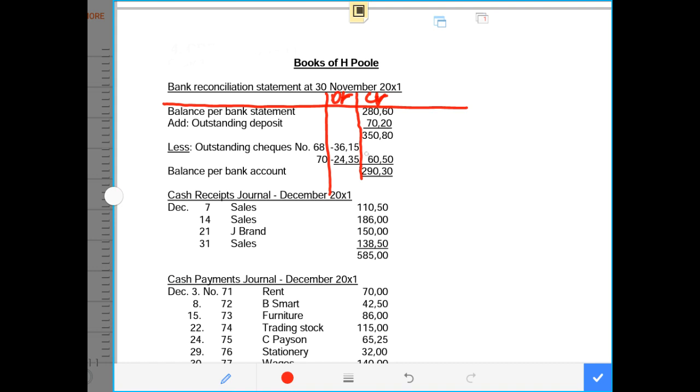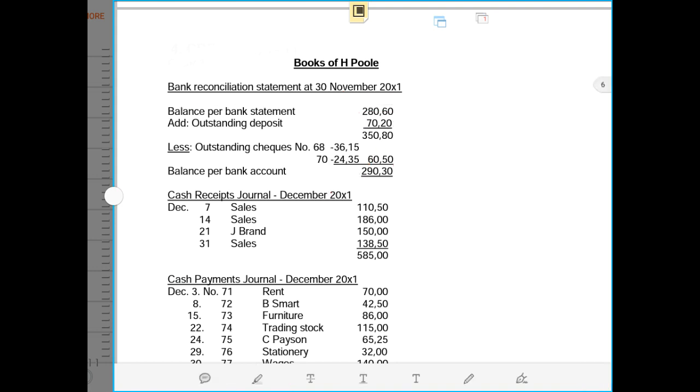And again, you don't have to write this figure as negative, but it is negative because it is on the debit side. So we say the total of the credit side, the opening balance plus the outstanding deposit, minus the total of the debit side, gives us the balance per bank account.